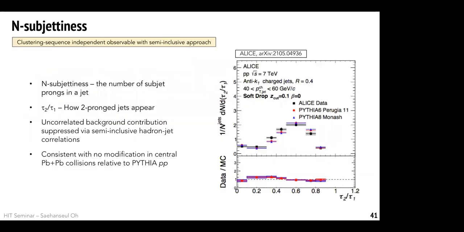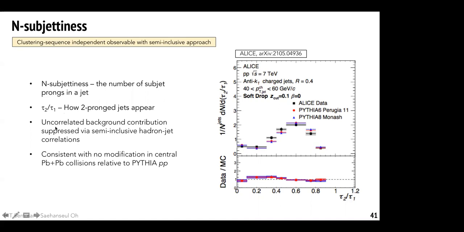So the last one, I said there are 4 methods. The last one is a clustering-sequence-independent observable with a semi-inclusive approach. That's one way that we can also do the jet substructure measurement. ALICE reported earlier this year N-subjettiness, which is the number of subjet prongs in a jet. What they report is tau2 over tau1, and this corresponds to how 2-prong jets appear in heavy ion collisions.